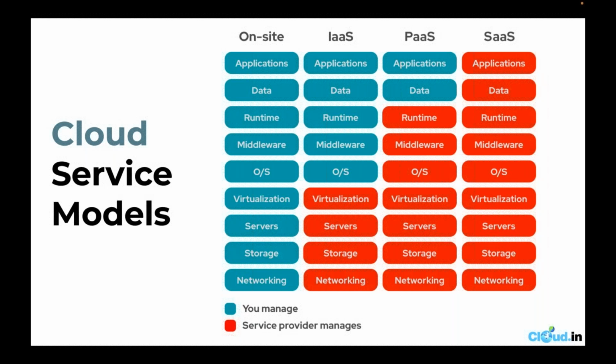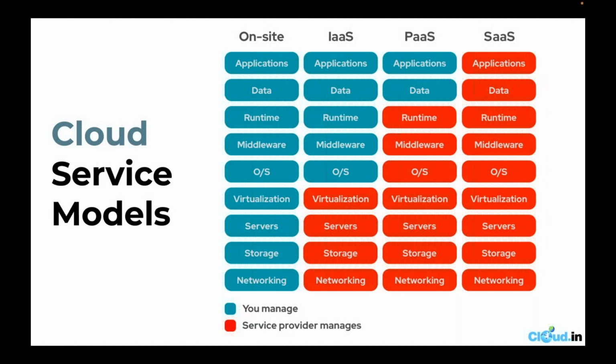Moving on, we have the platform as a service. Here, as you can see, the applications and the major data of the client is being managed by them. But the runtime, the middleware, the operating system patching and updation, virtualization, the servers, storage, and networking is being provided by the cloud service provider.